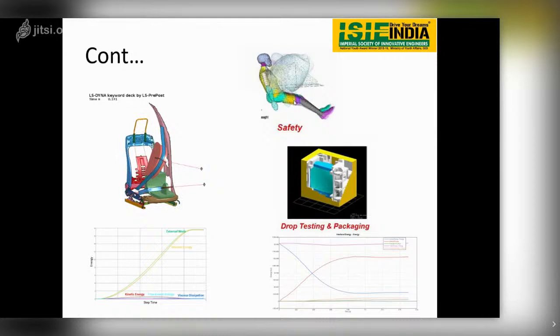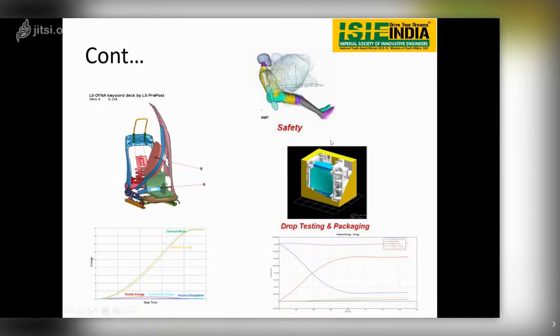The same approach can be used for household devices, for drop tests and packaging. Systems like a washing machine, water filter, fridge, or TV are analyzed for drop tests, because while going through the manufacturing process, or while delivering from the manufacturer to the customer, the product passes through various people and hands.